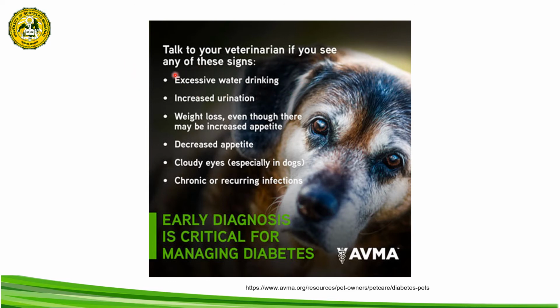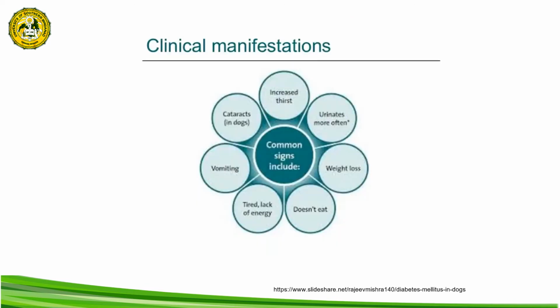So the first one here is excessive water drinking, increased urination, or polyuria. Excessive water drinking is due to an increased thirst, or polydipsia. There is also weight loss, even though there may be increased appetite, decreased appetite, cloudy eyes, especially in dogs, and chronic or recurring infections.